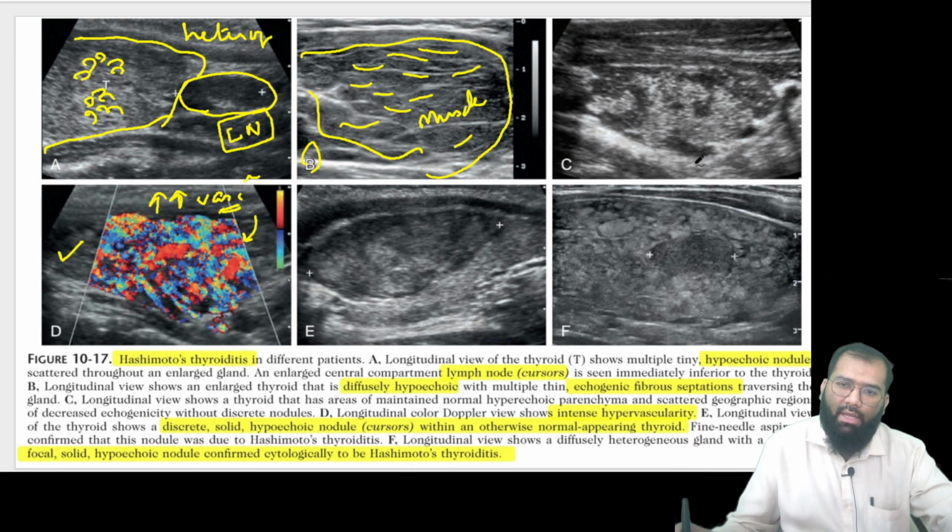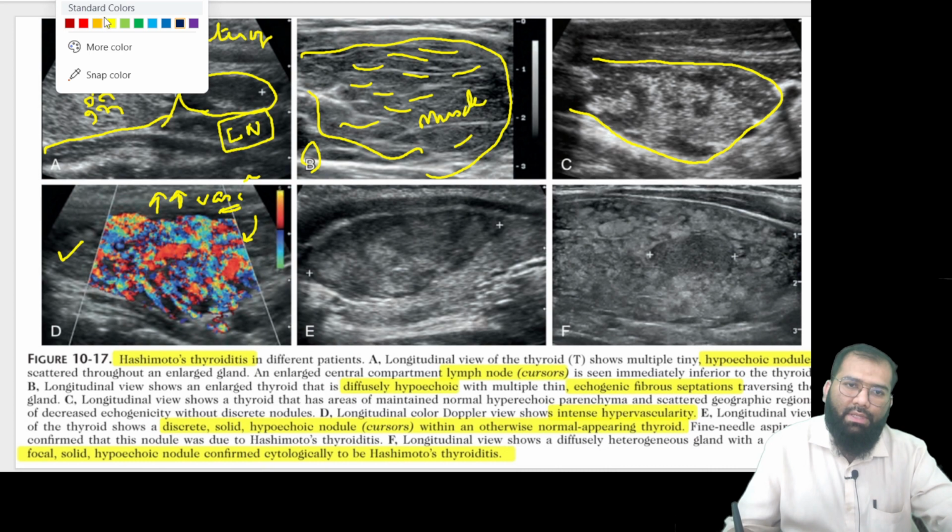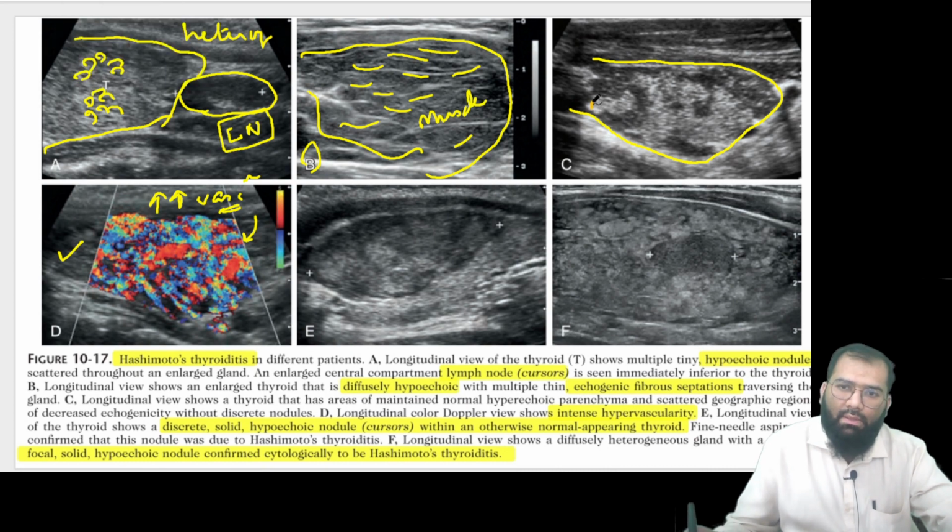So that's a beautiful example which you can see here in image C. So here you can see this thyroid gland, and within the thyroid gland you are able to see these islands of normal areas. So these are residual normal areas, and the affected area is hypoechoic. This is the affected area.